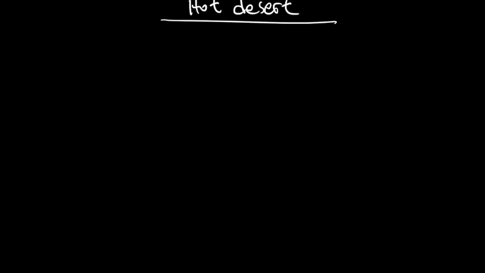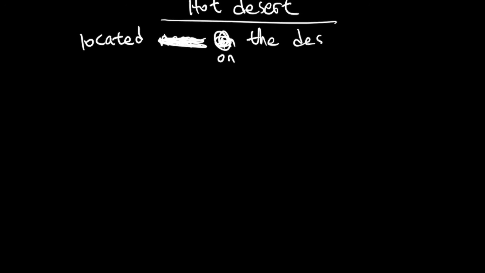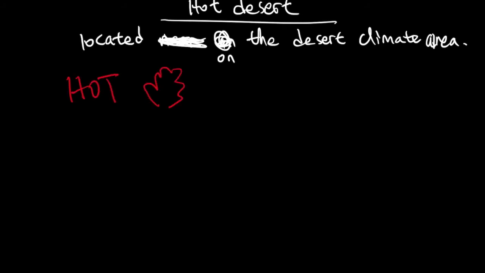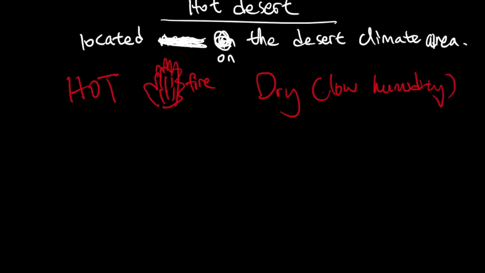The hot desert is located in the desert climate parts. So as I said before, it is burning hot and dry, with low humidity.